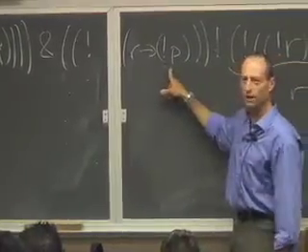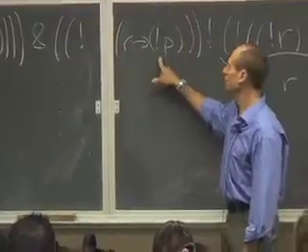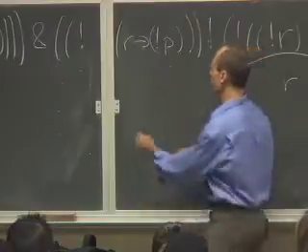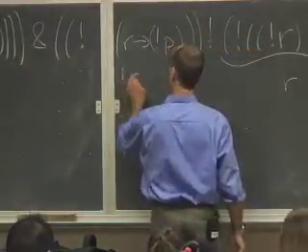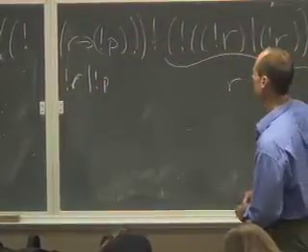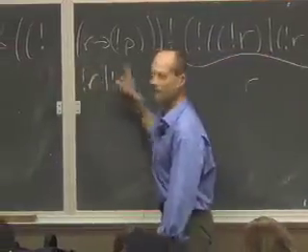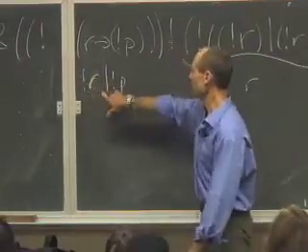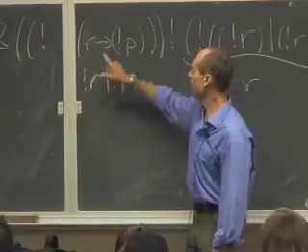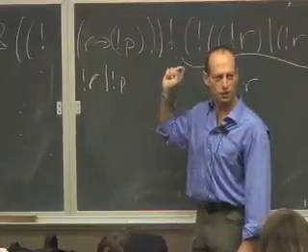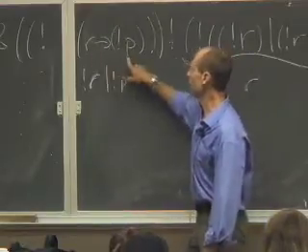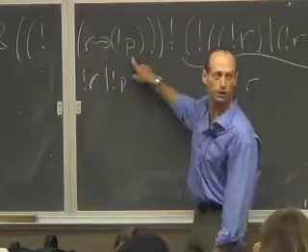P implies Q is logically equivalent to not P or Q, so R implies not P is logically equivalent to not R or not P.